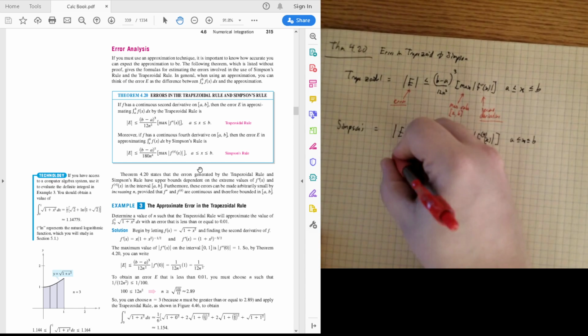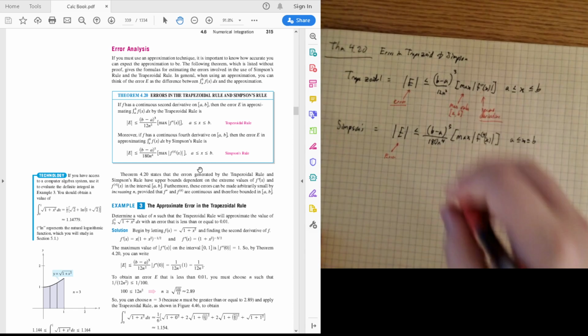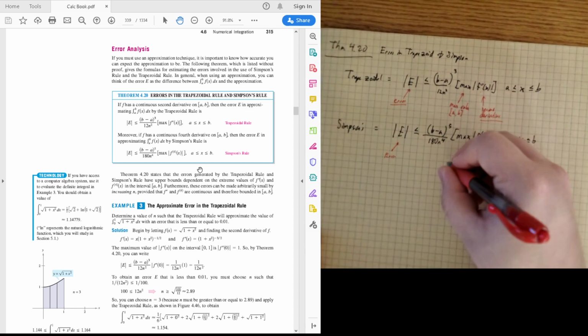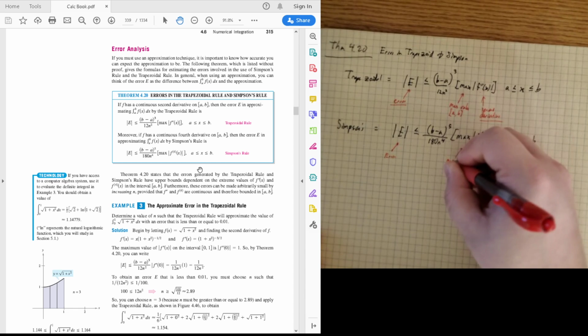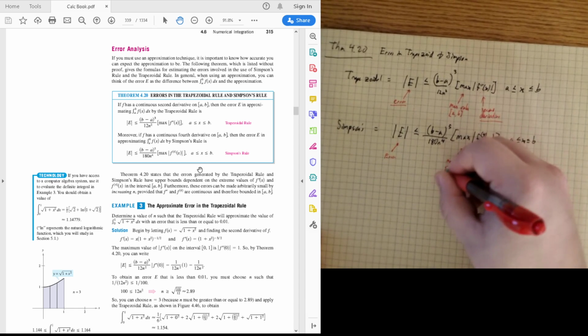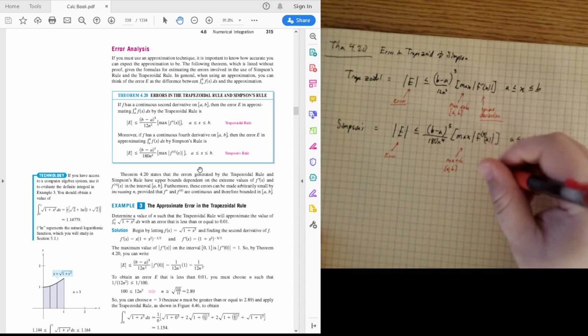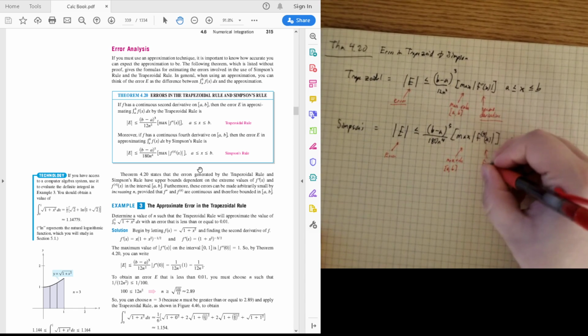Just like before, we have the error. We have here the max value between a and b of the 4th derivative this time.